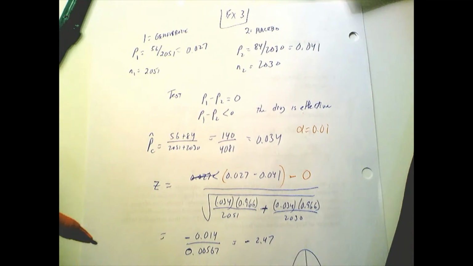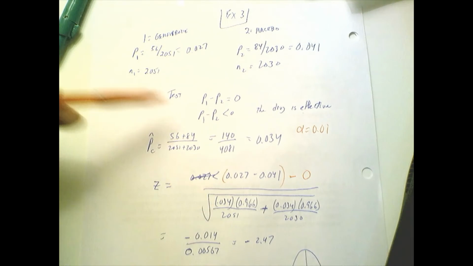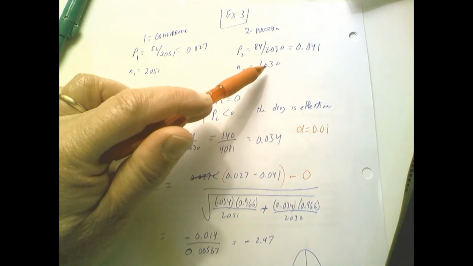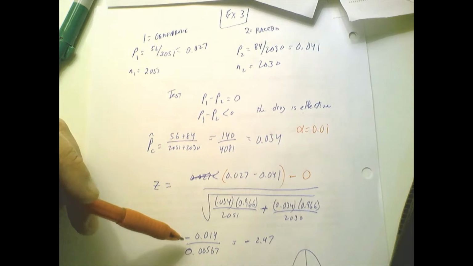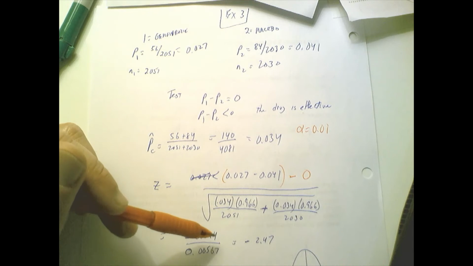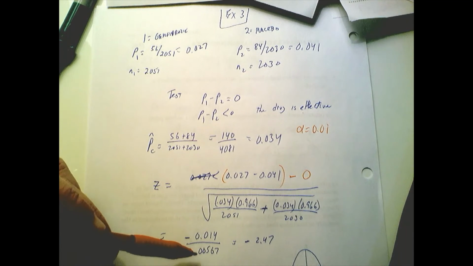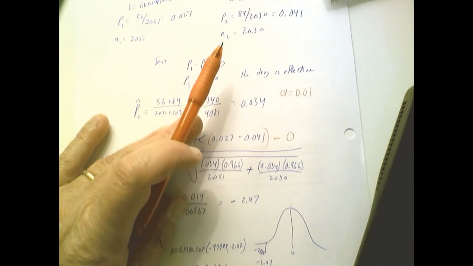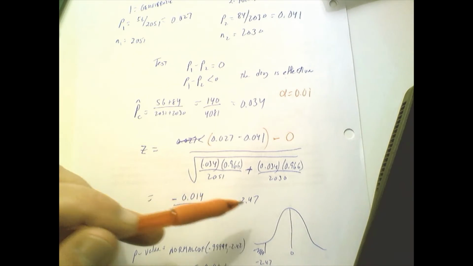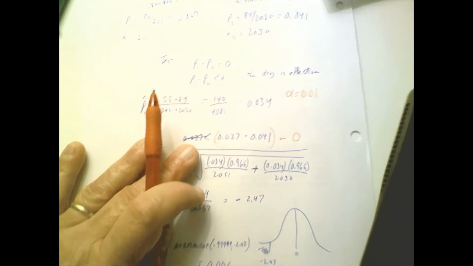See my numerators repeat. Notice I divide the first time by 2051, second time by 2030, and what will I walk up into? Well, I'll have negative 0.014 over 0.00567. I've taken these out to a couple levels here. My z value is negative 2.47.